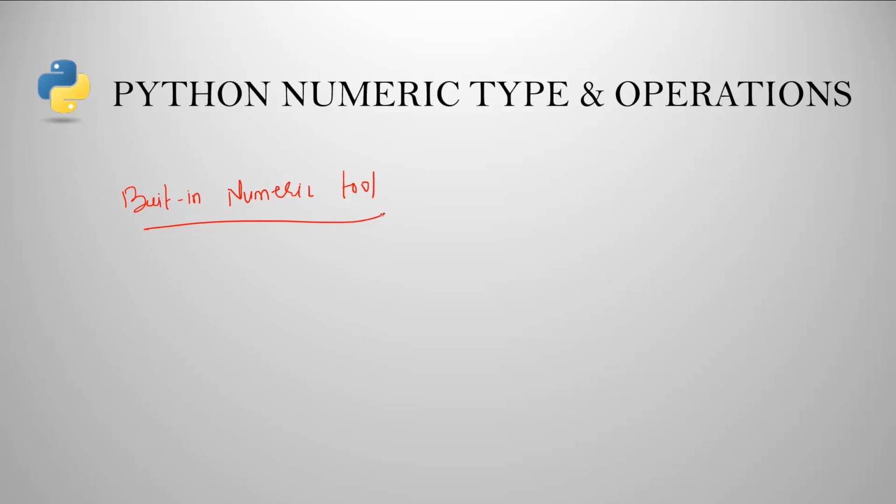For example, pow and abs are built-in functions, and these will compute the power and the absolute value. So here are some examples.